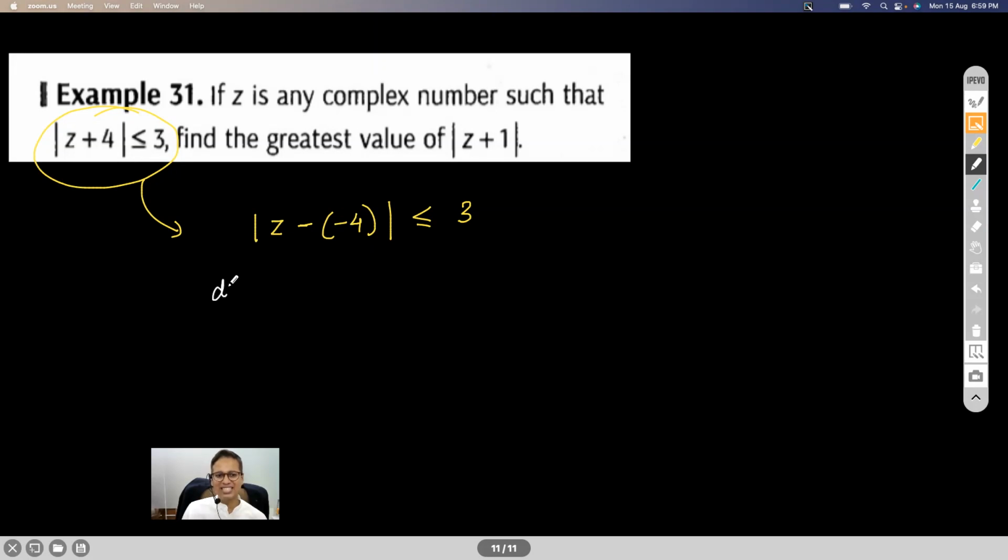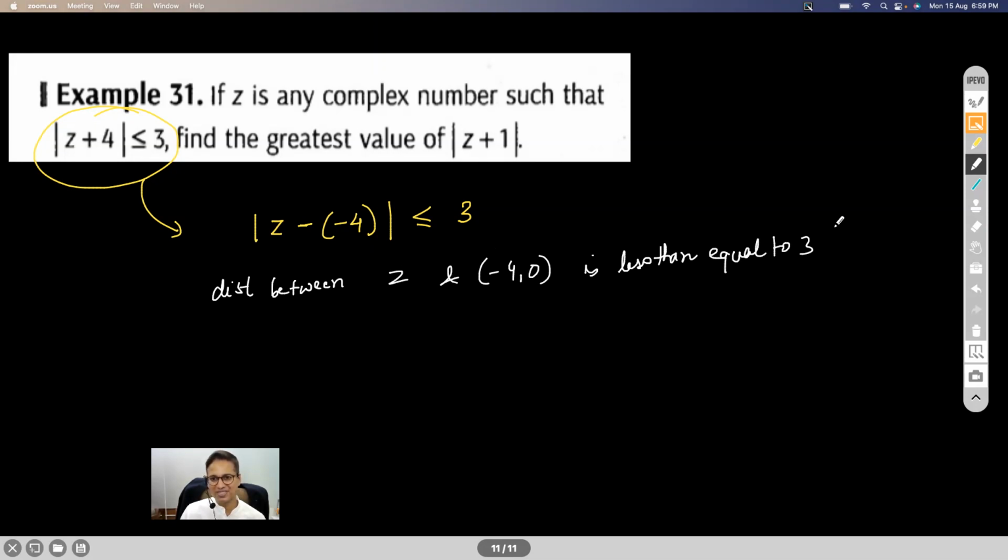You will read this as the distance between z and (minus 4, 0) is always less than or equal to 3. Correct? So how should your z be located? That is, the distance from (minus 4, 0) is always less than or equal to 3. Can we show that on the Argand plane?